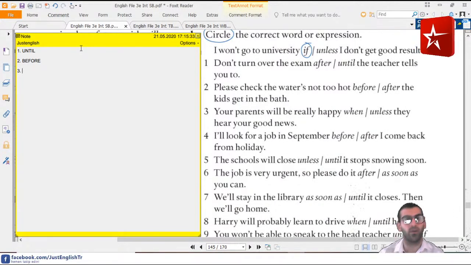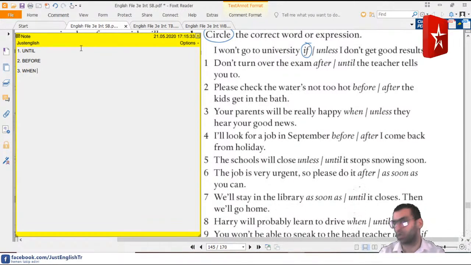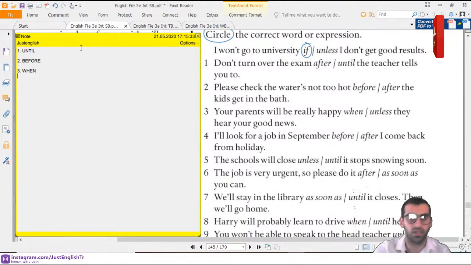Minever also wrote when. Yes, when is a correct answer to number three. Your parents will be really happy when they hear your good news.